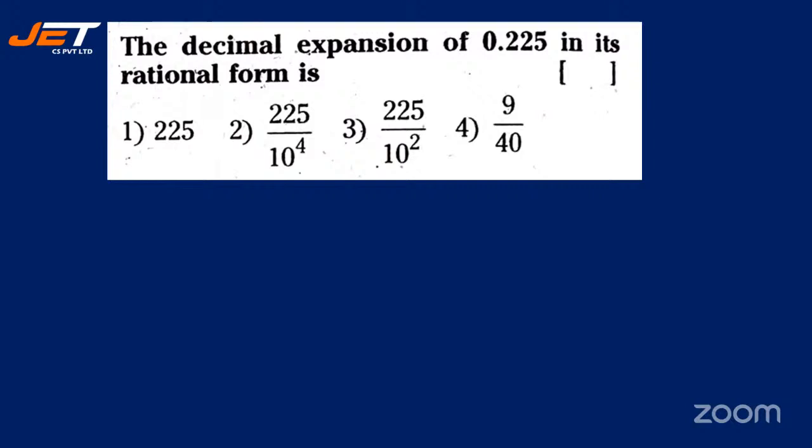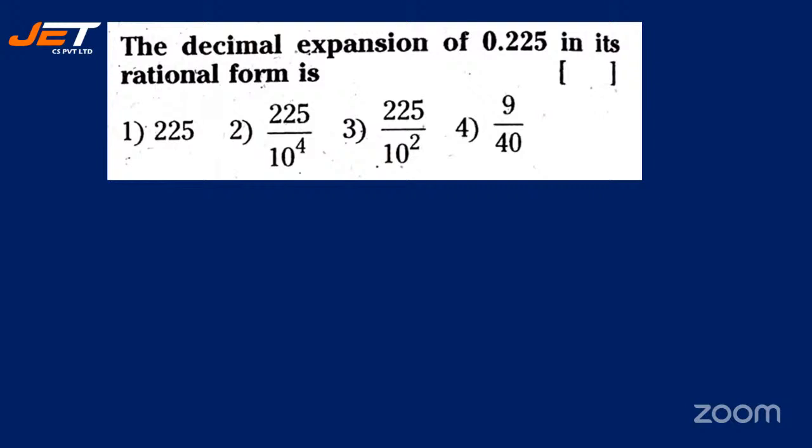In fact, you can also try 9 by 40. So how much are you getting? It is 9 by 40. 9 by 40 will give you 0.225.